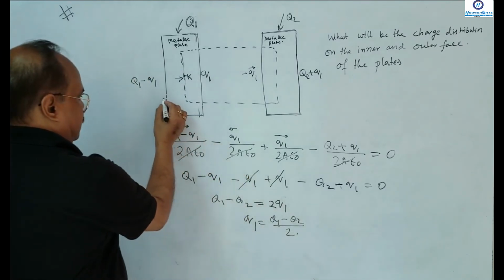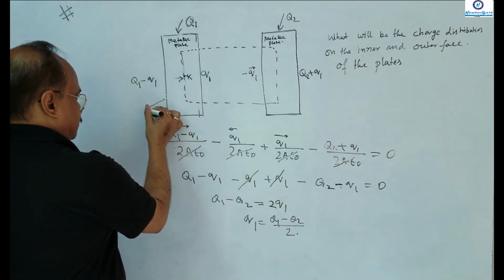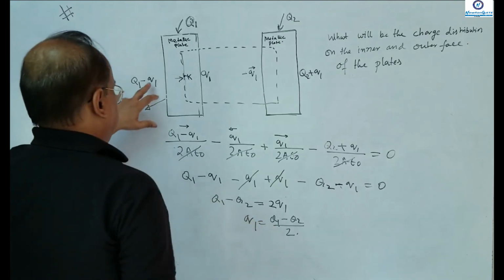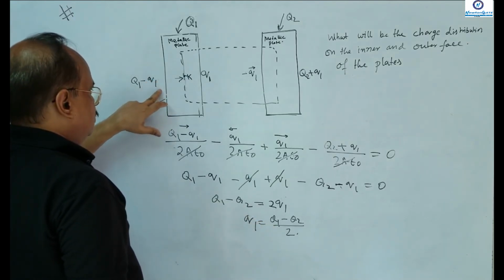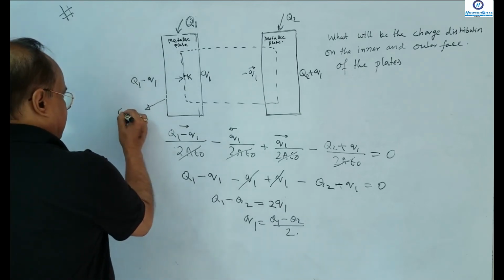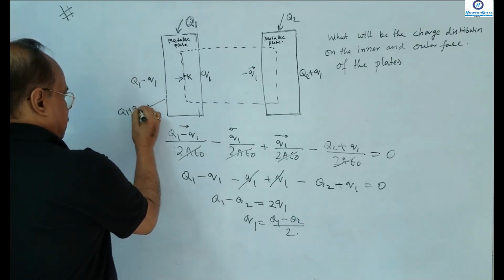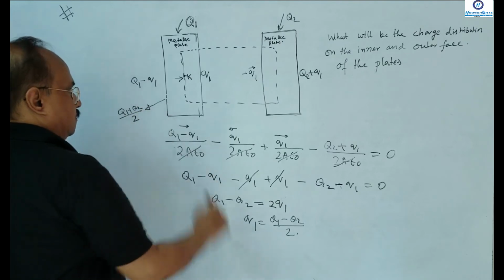this side, if you calculate here, this is minus Q1 and plus Q2 by 2, and if you calculate, you will get here it will be Q1 plus Q2 by 2.